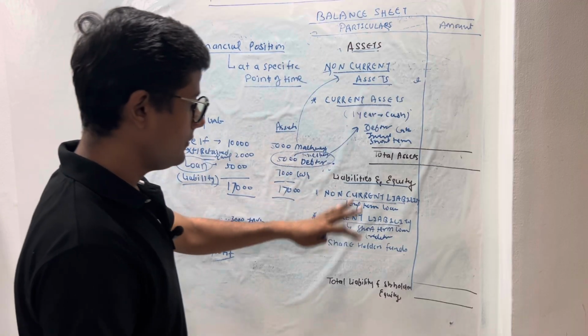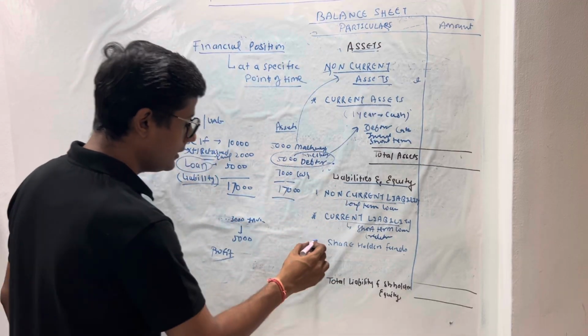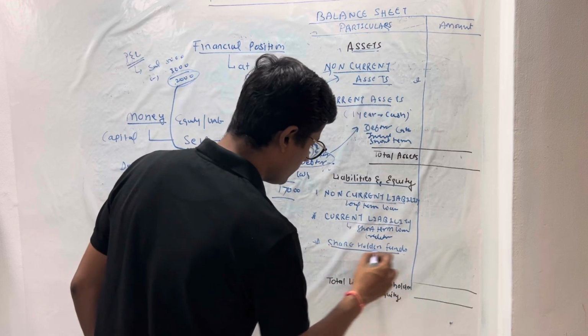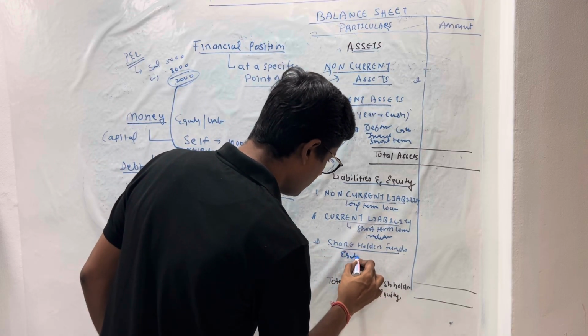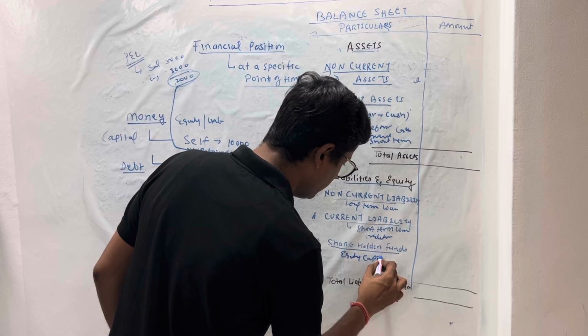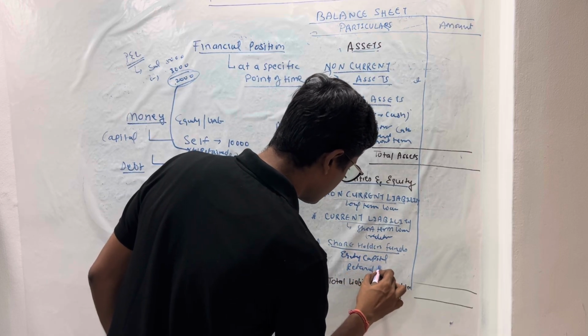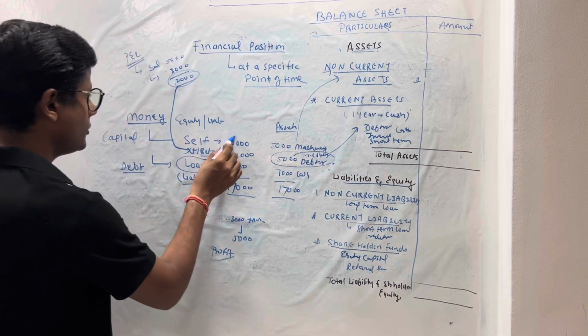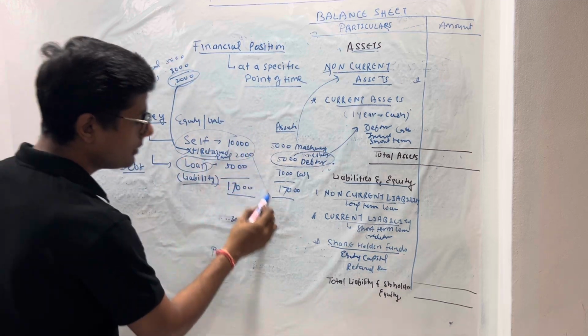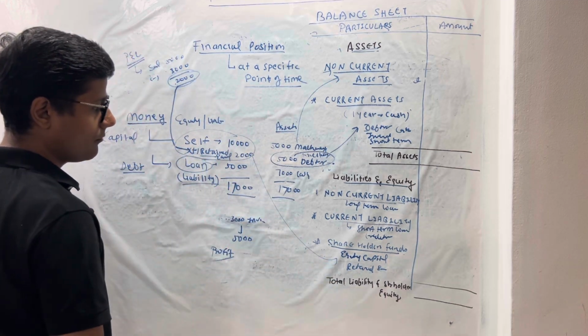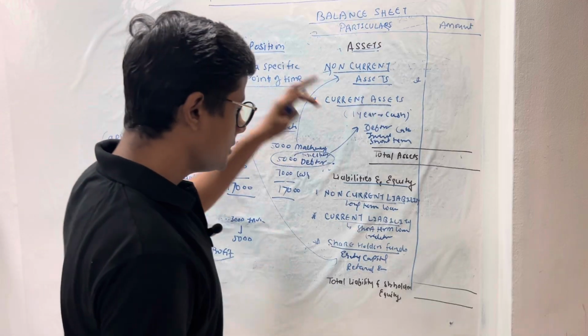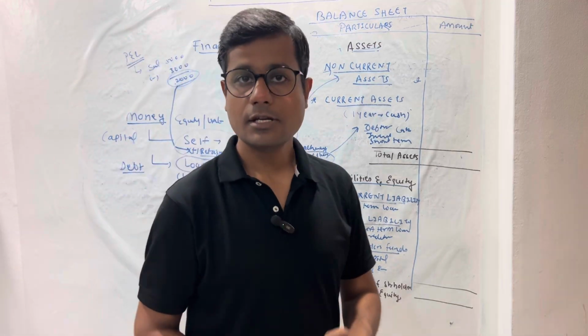So that's the classification. Now the final is the shareholders' fund. Basically it will cover your equity share capital and retained earnings. So this portion, equity share capital and retained earnings, will be coming here. So this is how the balance sheet is structured.